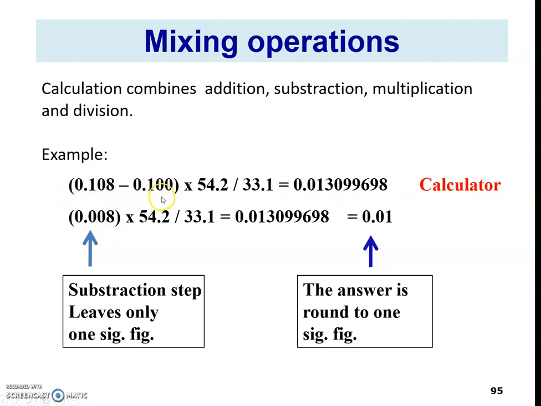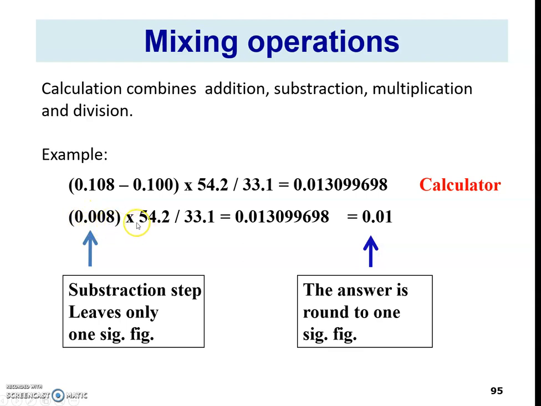Whenever you give the answer with 3 decimal points, the answer will be 0.008. And 0.008 consists of 1 significant figure, which is only 8. Remember, the 0 here is not considered a significant figure. Only 8 is a significant figure, meaning this value consists of 1 significant figure.